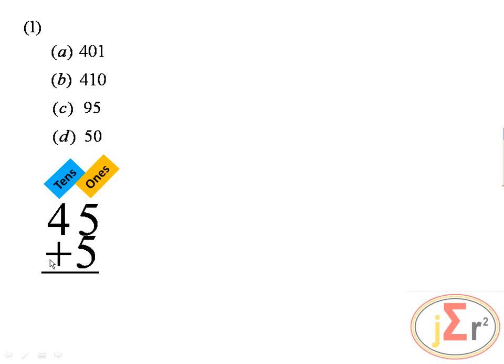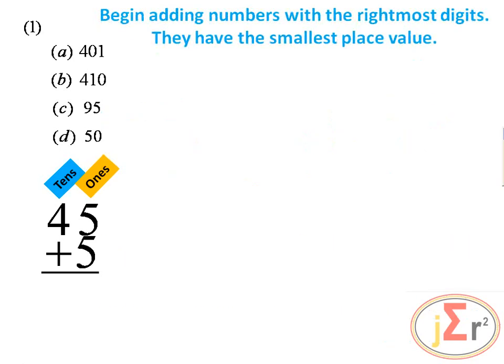Also, the original problem on the paper did not contain the place values of the digits. Those place values were placed there by Jerry Lewis in order that the problem might appear more attractive and also more informative. Begin adding numbers with the rightmost digits.